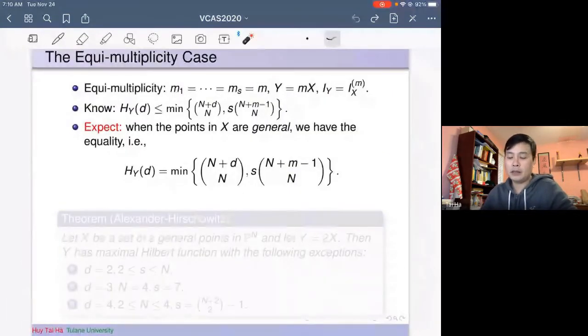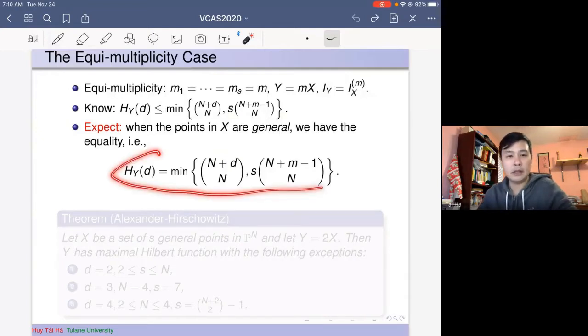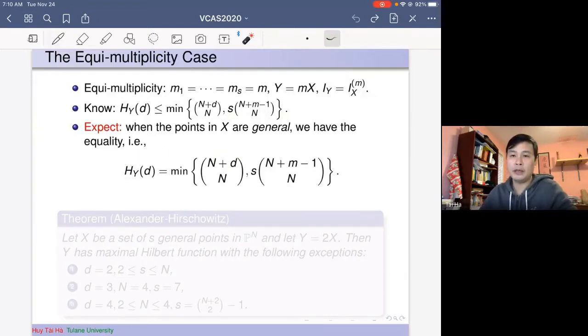And in general, we expect that when the supports are general enough, things are as nice as we can hope for. Particularly, we expect that when the points in the support X are general, then we should have equality: the Hilbert function of Y at degree d is exactly the minimum between these two numbers.